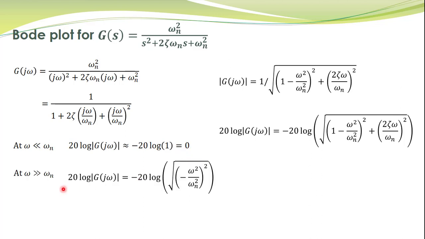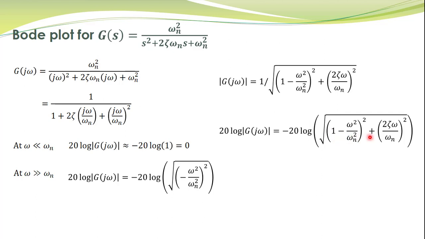At high frequencies, when omega is much higher than omega n, what about this term? This omega square over omega n square is a very large number compared to 1, so we can just ignore this one.